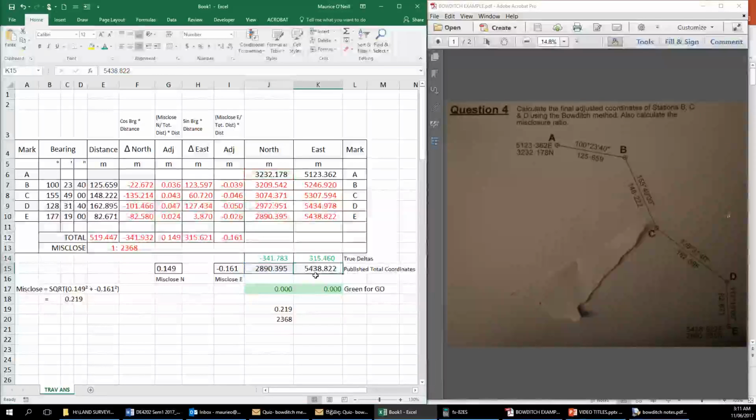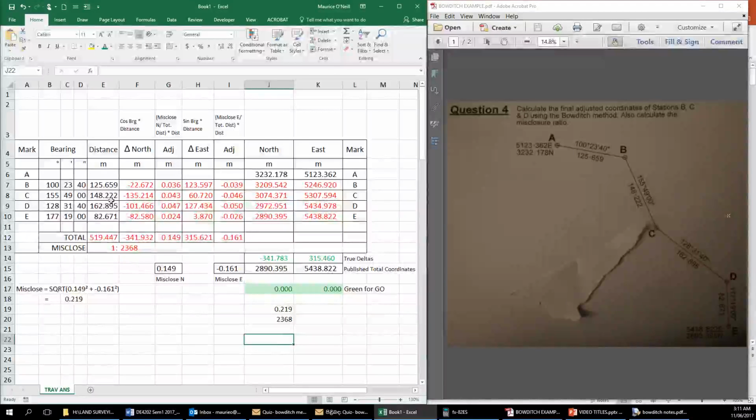And if I click on here, it's K15 minus K6. So that's the difference north and difference east, and that's what we want everything to be equal to for it to be right.